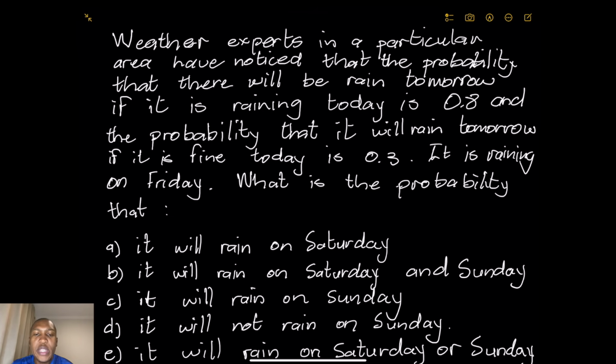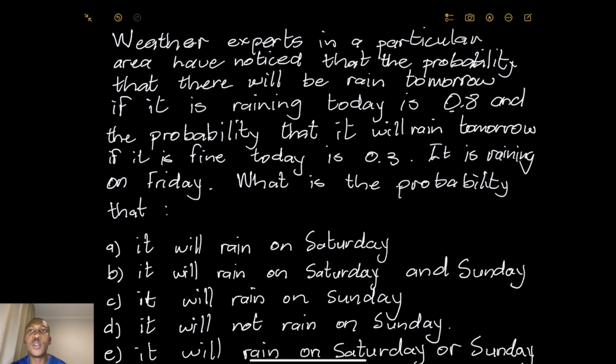So they say to us, weather experts in a particular area have noticed that the probability that there will be rain tomorrow, and of course it's been raining in South Africa, if it is raining today, is 0.8. Do you see that? The probability of it raining the next day is dependent on what is happening today.